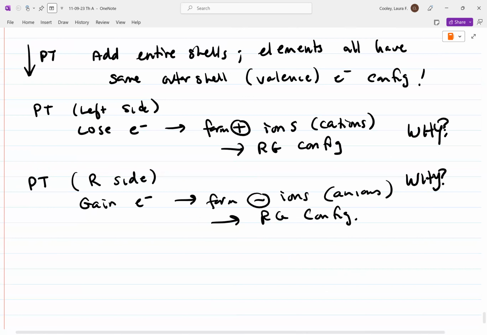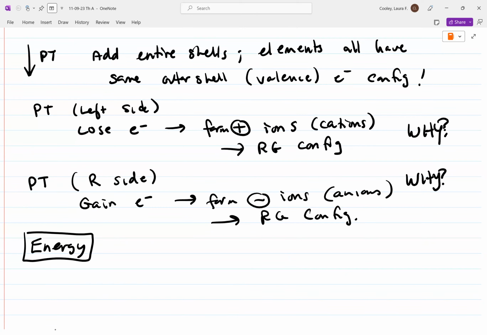Is it kind of magical? What's the deal? Normally in chemistry, magical things don't really happen. That's not quite the way it is. Although it seems like magic sometimes, normally it has a lot to do with energy. What's the most stable thing? What's the less energetically expensive thing to happen?